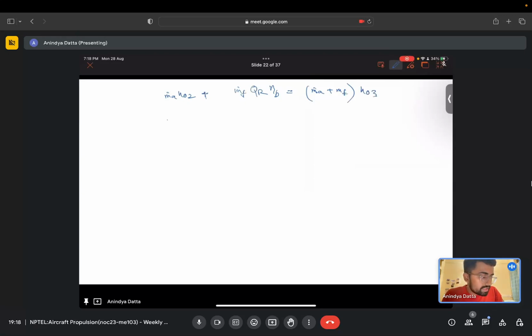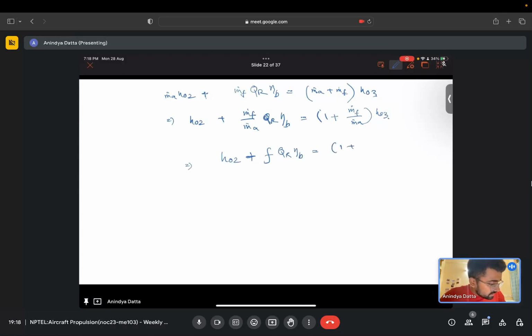Now if I divide both sides by m dot a, we get h02 plus m dot f by m dot a times QR eta B is equal to 1 plus m dot f by m dot a times h03. Here m dot f by m dot a is the fuel air ratio f, so h02 plus f QR eta B is equal to 1 plus f times h03.